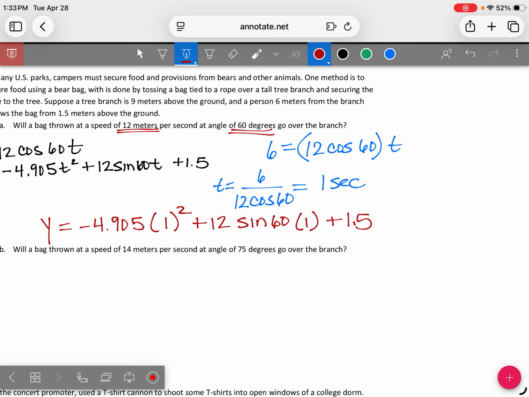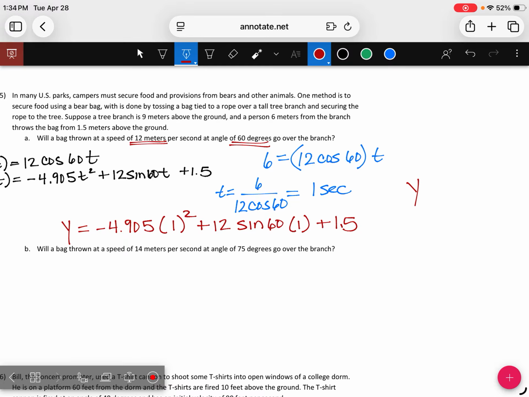What's the height of the bear bag at 1 second? So I got 6.987 meters. Who got that?